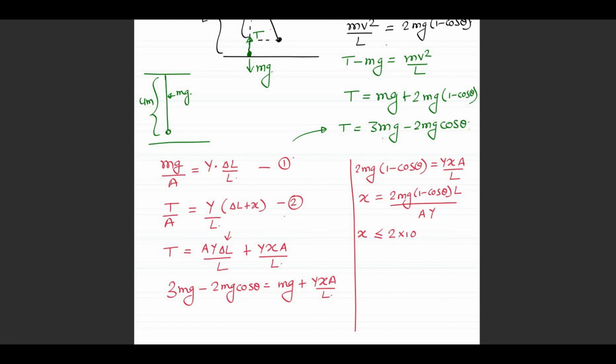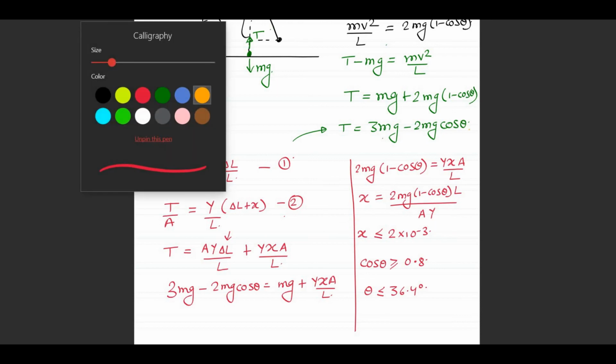This is the condition, isn't it? So when you put the values, the condition on cos theta will come that cos theta should be greater than or equal to 0.8. So theta should be less than or equal to roughly 36.4 degrees. This is the required answer.